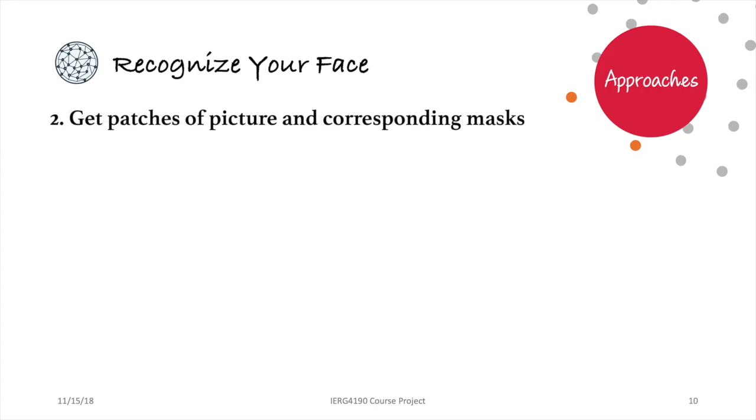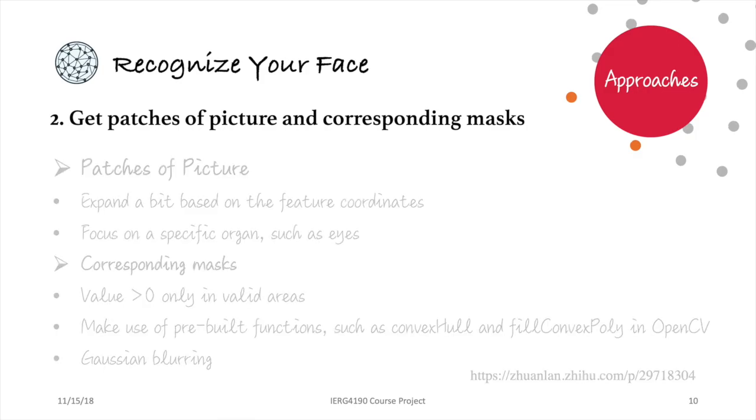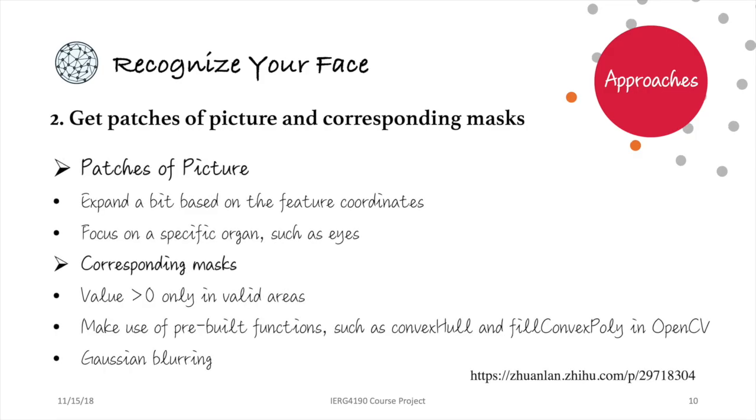The second step is to get patches of the picture and their corresponding masks. For patches of the picture, we should expand a bit based on the feature coordinates we got in the previous steps. And for each patch, we only focus on a specific organ. For the corresponding mask, its value will only be greater than 0 in valid areas.